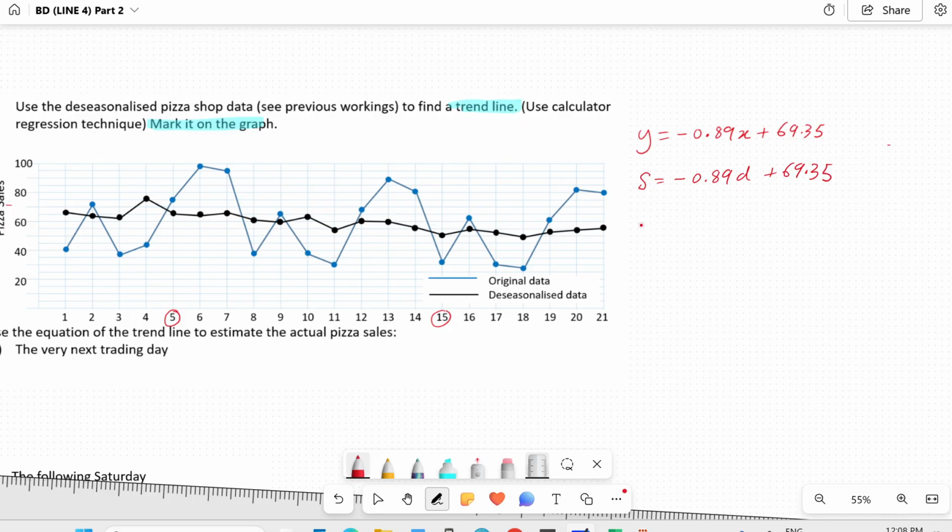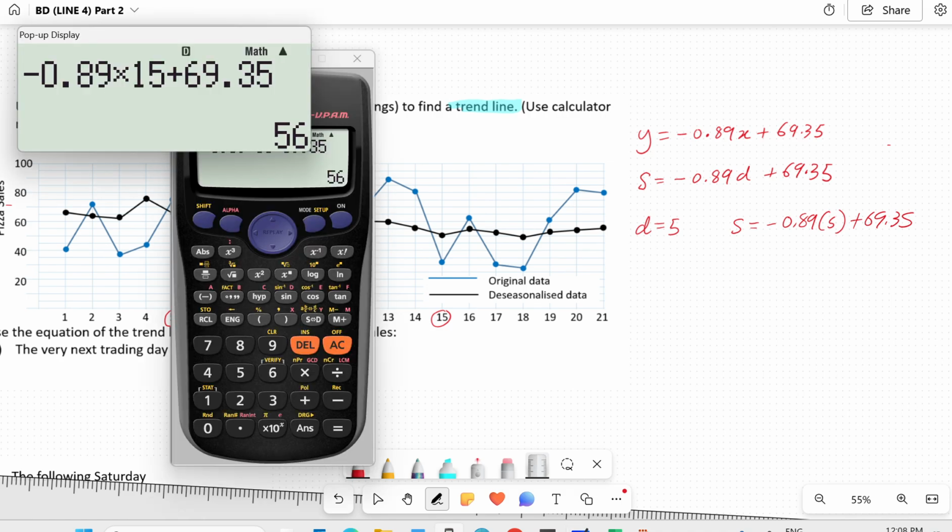So I'm going to put D equals 5 into the equation. So the figures will be negative 0.89 by 5 plus 69.35. If we do that one, negative 0.89 by 5 plus 69.35, and we get 64.9.